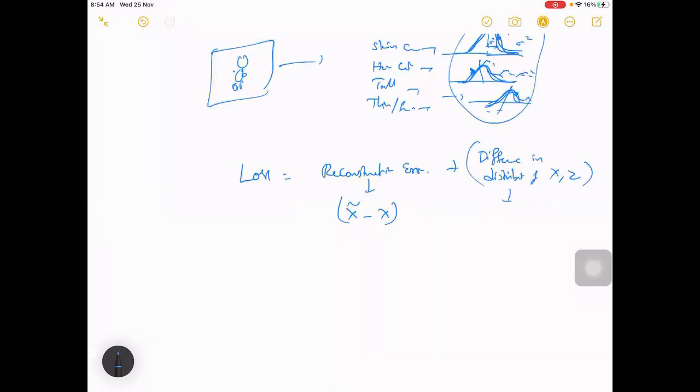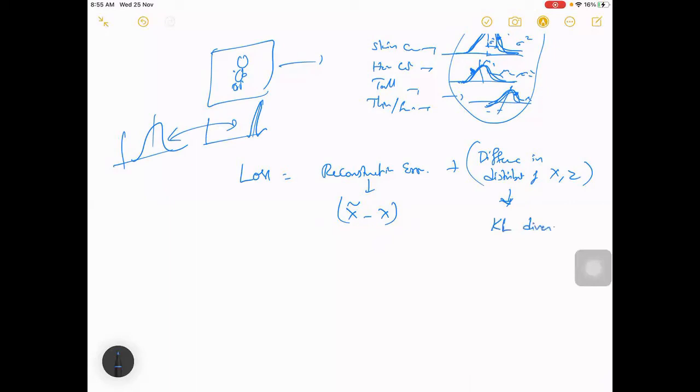Similarly, if you want to know the difference in distribution between two different values, like you have a distribution like this, and you have one more distribution which is like this, where you have a difference in mean and standard deviation. In such a scenario, if you want to know how similar these two are, there is a measure for that, which is KL divergence.